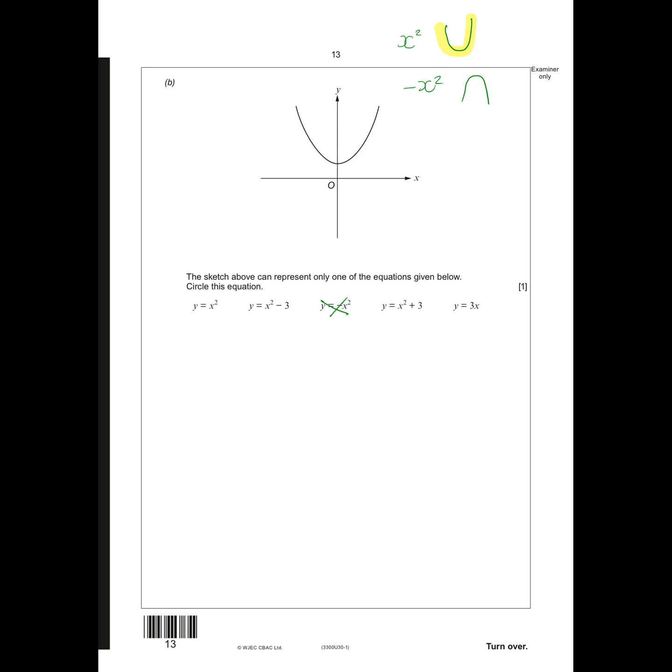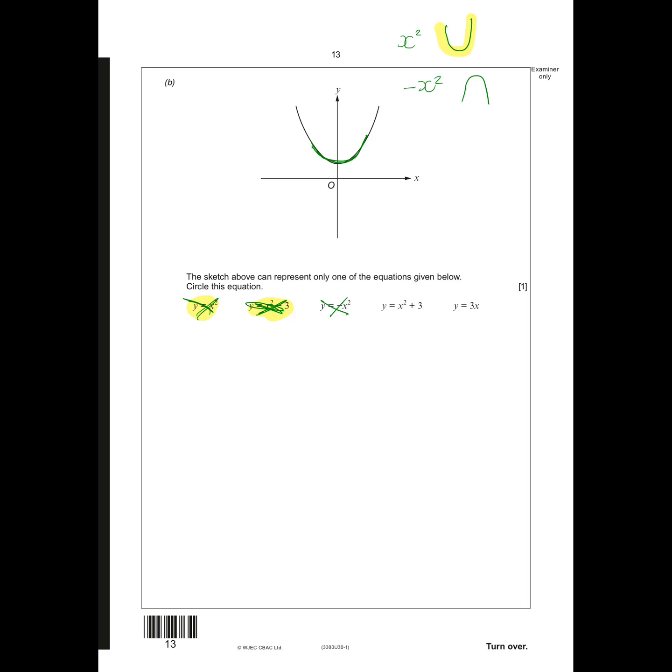When I have a look at the cut-in point of this graph, where it cuts the axis, I can see that it doesn't go through 0, 0, it doesn't go through the origin. So it can't be the first one, because when x is 0, y would be 0. So that one's ruled out. I'm not going through a negative number, so I can't be taking away 3, or this would be as low as 3 down here.